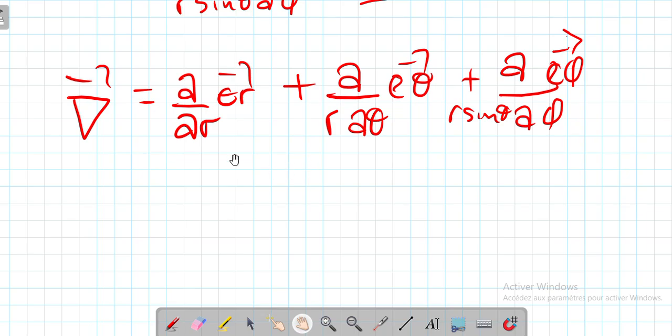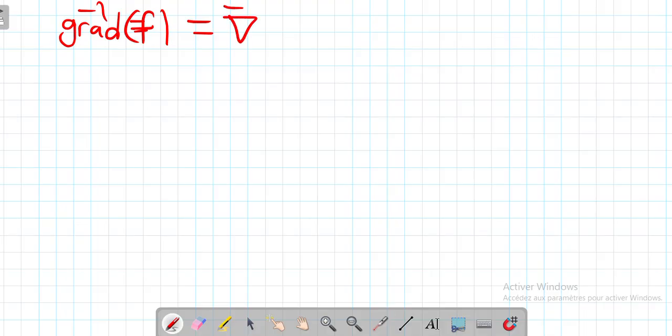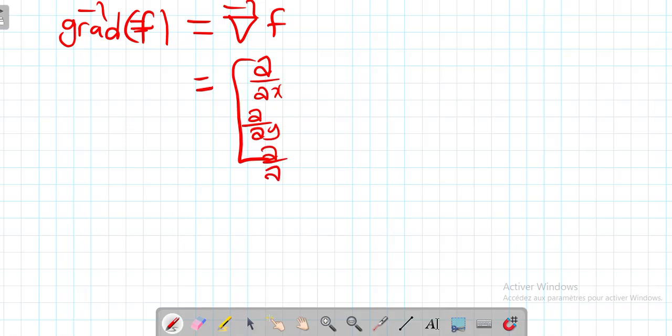Now, after expressing nabla in different coordinate systems, it's high time we find the gradient in each coordinate system. For example, the gradient of a function is defined as nabla f, no matter the coordinate system. Nabla is a 3 by 1 matrix. According to the Cartesian coordinate system, it's very simple: with respect to x, with respect to y, I've shown you how to construct this, with respect to z.